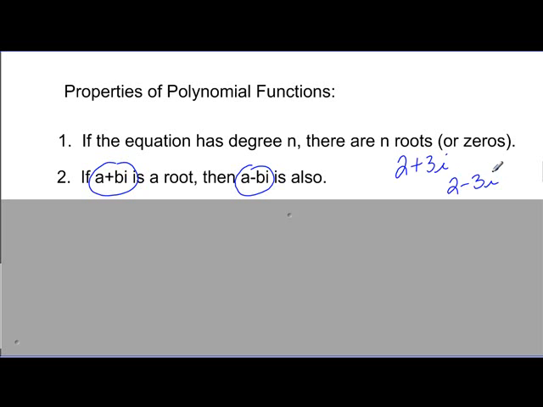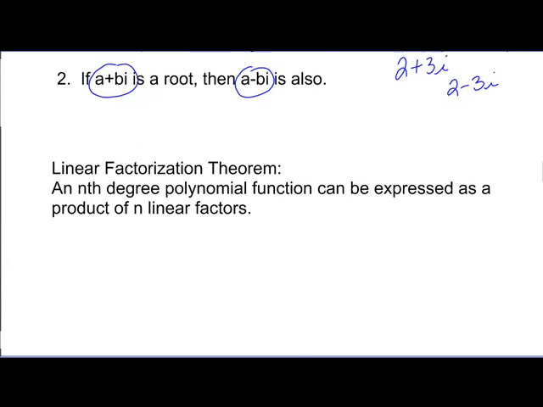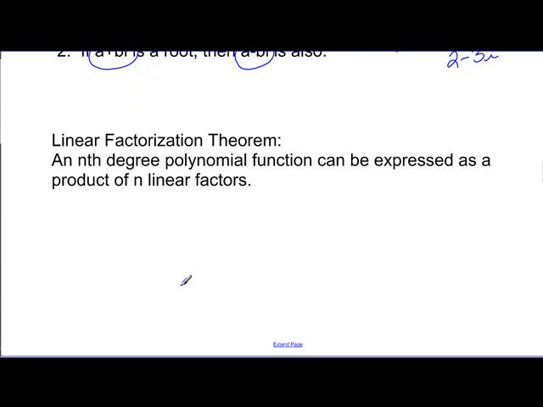And then the third thing we want to talk about is the linear factorization theorem, which very simply says if you have an nth degree polynomial function, you can write that as a product of n linear factors. Those linear factors are connected to the zeros.